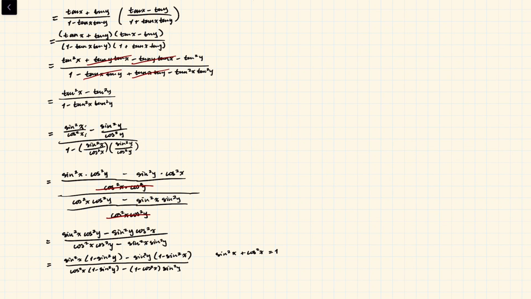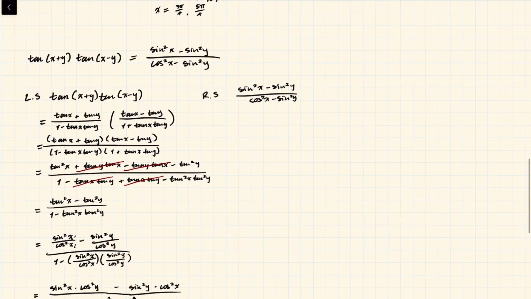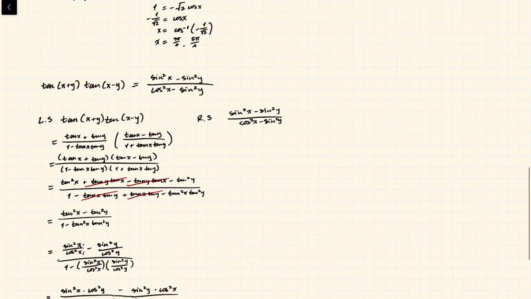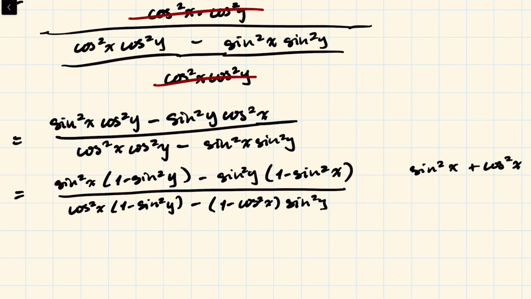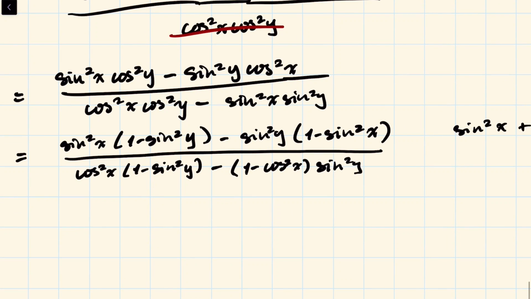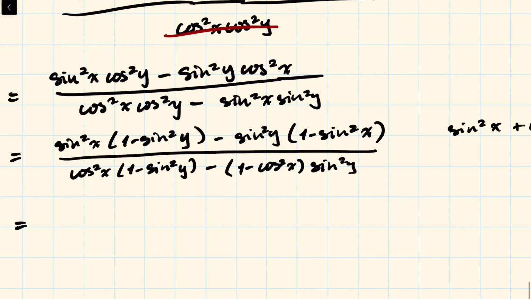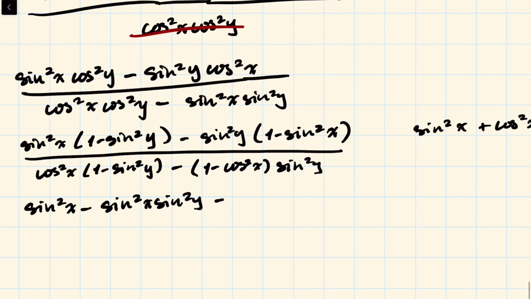Okay. And I believe this is actually supposed to... Oh no, that's good. Okay. So next, we can redistribute a couple of things here. So, sine squared x minus sine squared x sine squared y. I'm just distributing it.